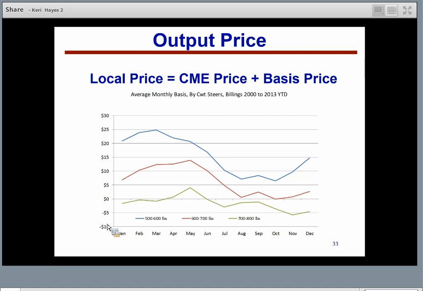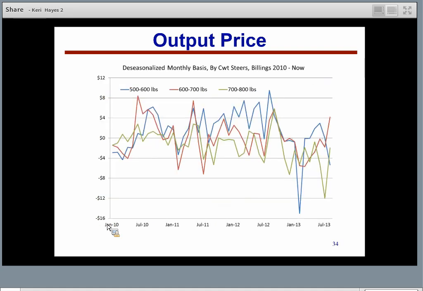But even when you take that out, you can see here, on this plot, I'm usually trying to figure out patterns, and it's hard for me to determine a pattern here. This is after we take out that basis component. You're really dealing with a bit of randomness in there. But you can see the magnitude of change on the basis side is relatively small compared to the magnitude of change that you can see in the overall price.